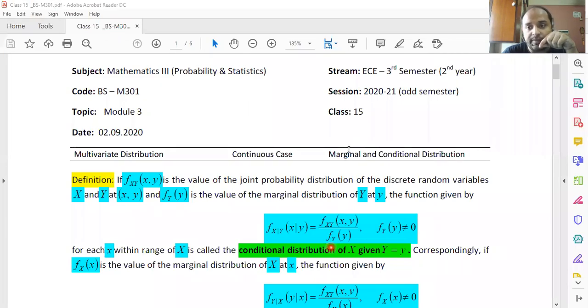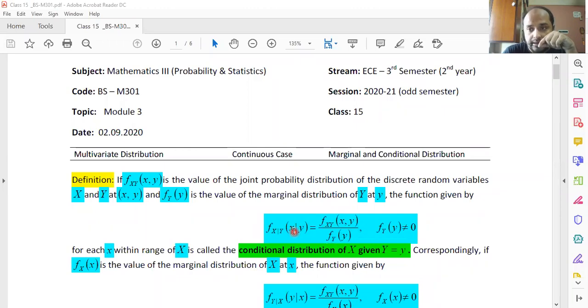Look at the expression and write it in your copy. So this is the expression. This particular formula is known as the conditional distribution of the random variable capital X, given that capital Y has already taken the value small y. That is the definition of conditional distribution.